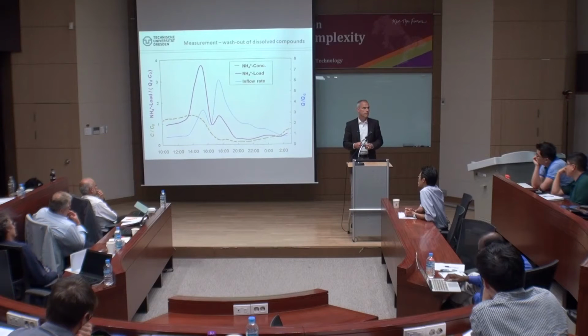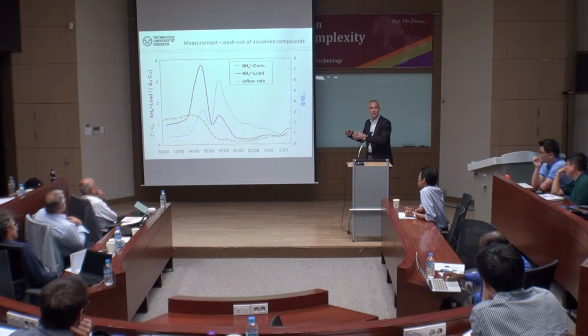That's then the combined sewer overflow. It might be direct from the overflow structure, or indirect through a retention basin. However, you still cause a significant input to the receiving water. So it's an emergency exit because you want to prevent the wastewater treatment plant from becoming overloaded.